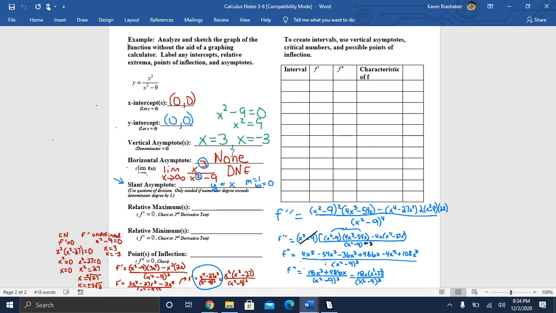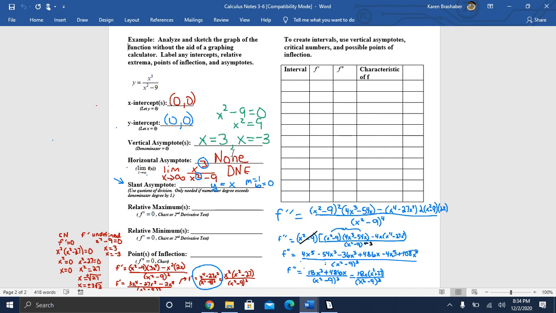So again, be very careful with your like terms because most often those will combine to something that will then factor out and make it possible for you to work with. All right, so now we've got a nice simplified version of the second derivative.